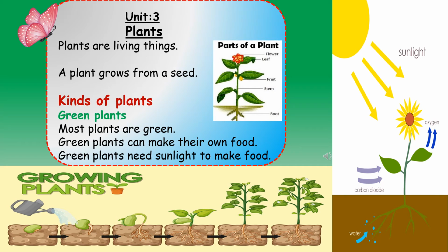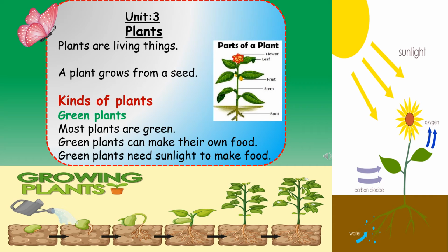And you will learn about this process in detail in your higher grades. But now I have to tell you that photosynthesis is the process in which green plants use sunlight to make their food.